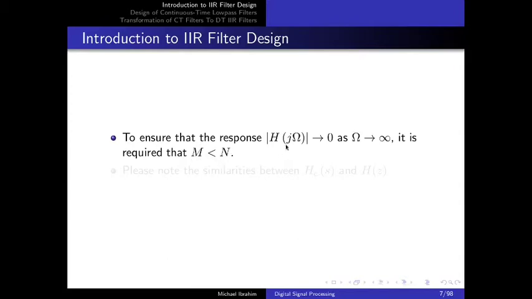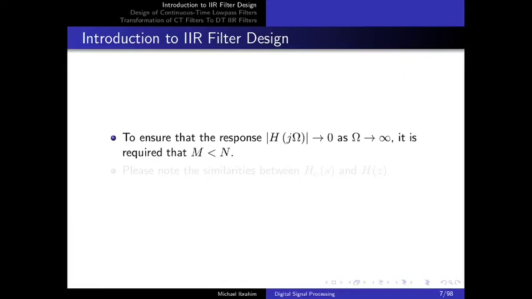So, how can we get the frequency response h of j omega from h of s? Since s is simply sigma plus j omega, we can set sigma to be equal to 0. In other words, we can evaluate h of s along the imaginary axis. This will give us the frequency response, which is similar to what we have done in the z domain.